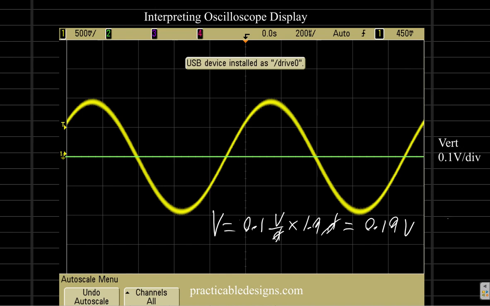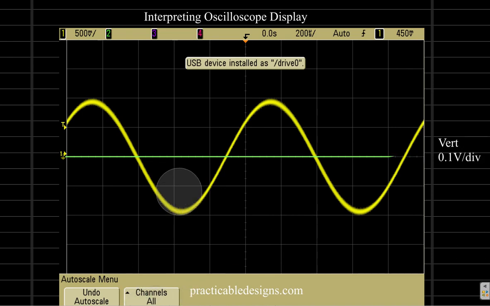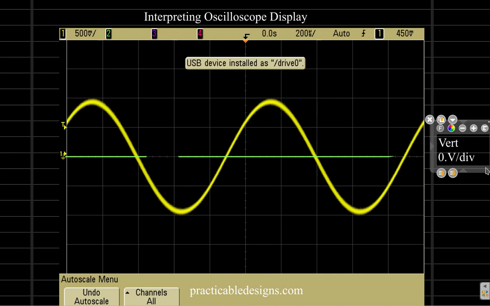Let's do one more. Suppose what you had was not 0.1 volt per division. Suppose you had 2 volts per division.